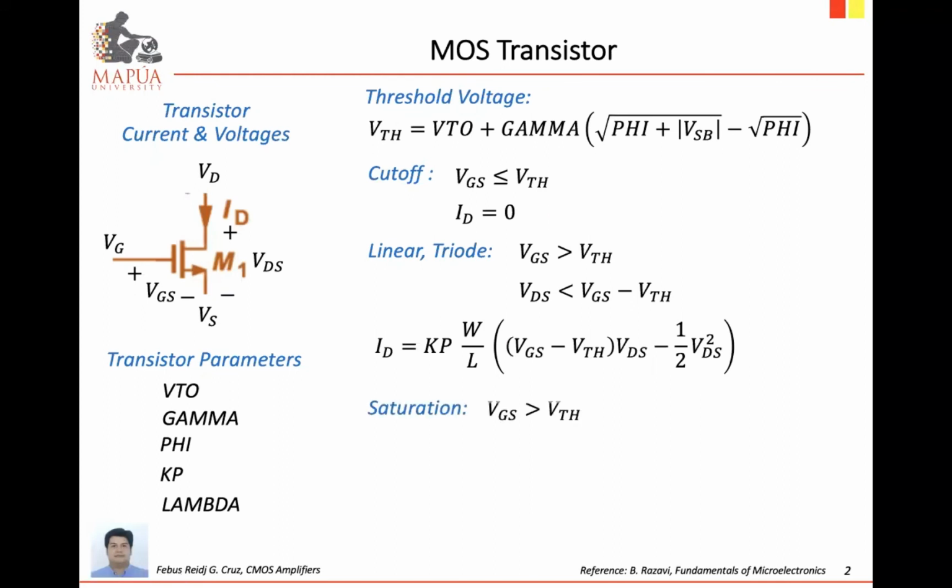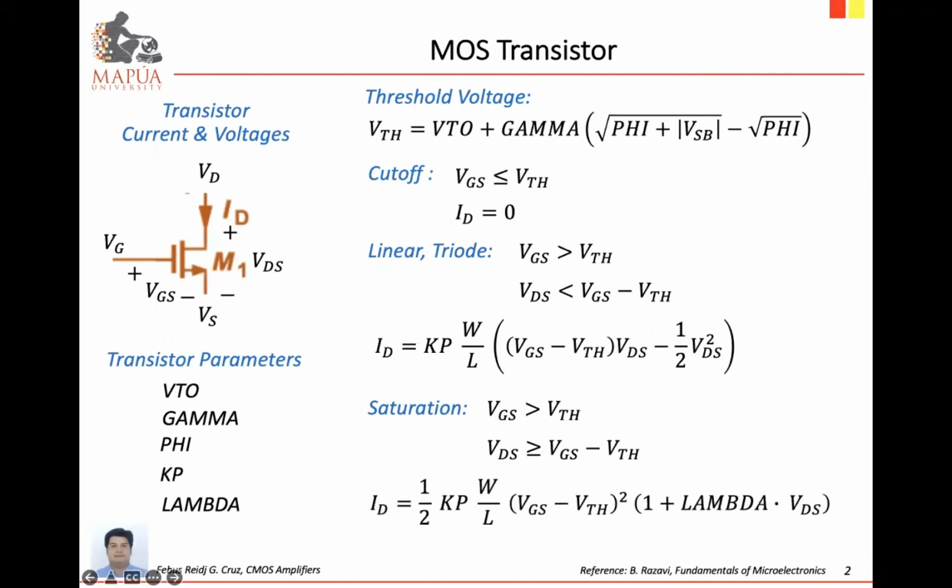Then at saturation, when VGS is greater than the threshold and the VDS is equal to or greater than the saturation point, that is the difference between VGS and VTH, then the MOS transistor is operating in the saturation condition.